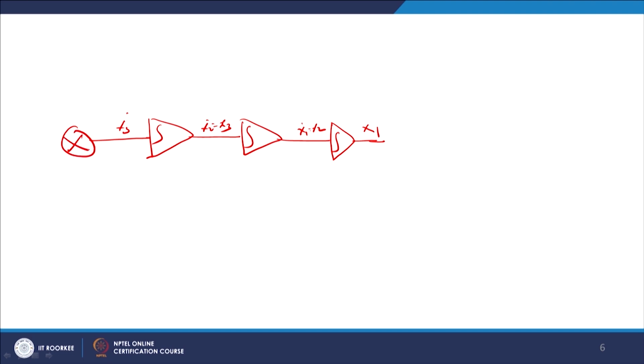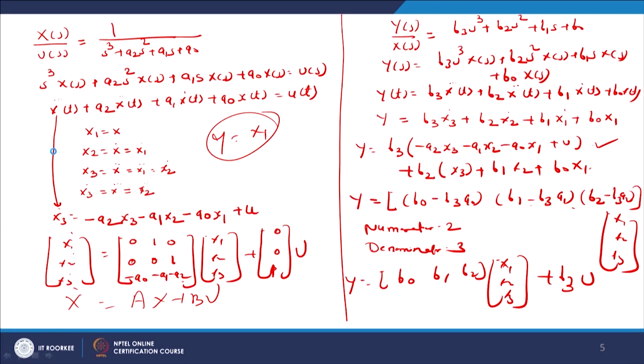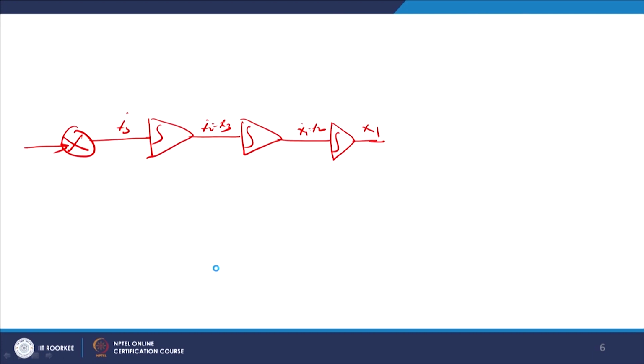Now here is another summation block. Last time we saw that the elements a2, a1, a0 are involved, particularly with x3 dot, which equals minus a0 x1, minus a1 x2 and minus a2 x3. So we have to show this here. How will you show it?